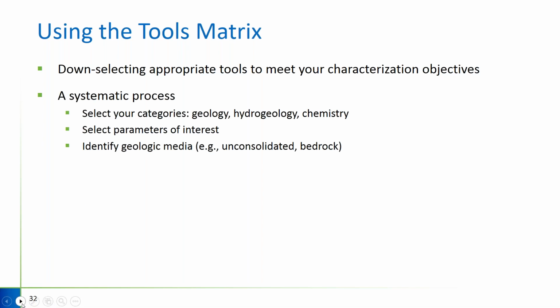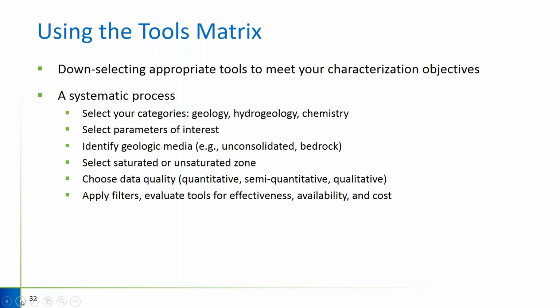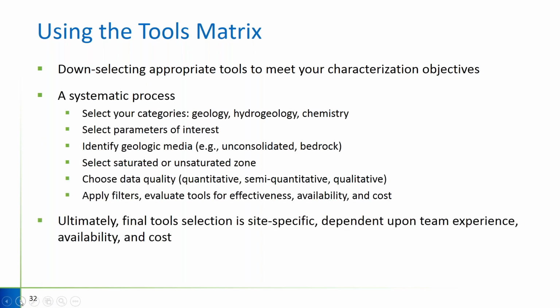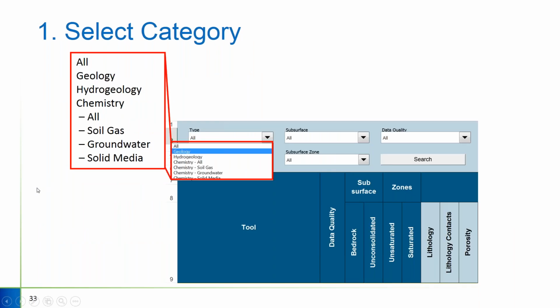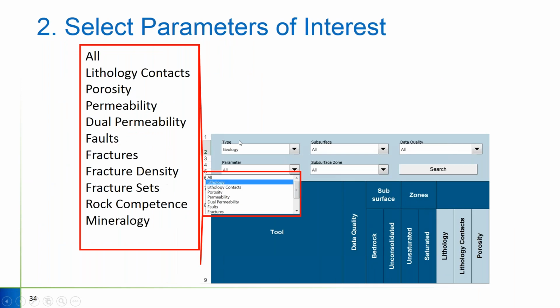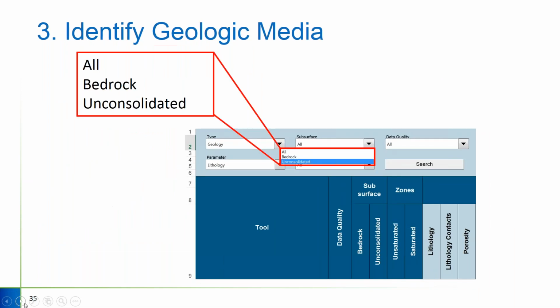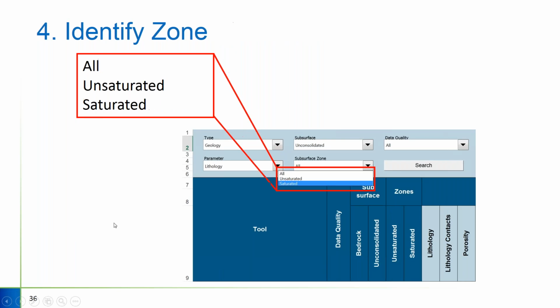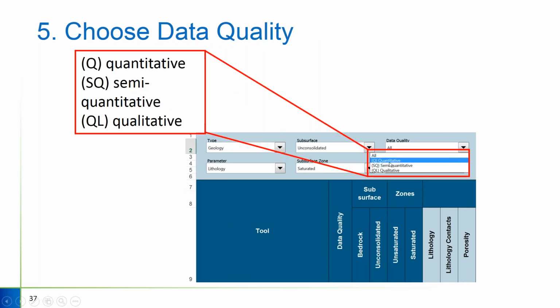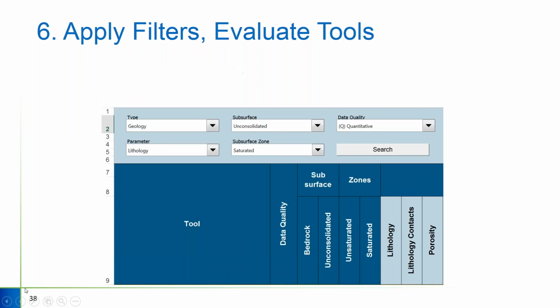So again, it's a systematic process to down select what you want to get to. And then you get to your results. So let's just run through some screenshots of one of the example searches. Let's say you pick geology, and then you go to this box and you pick lithology because we want some information on lithology. Let's click unconsolidated, saturated, and then quantitative in this case.